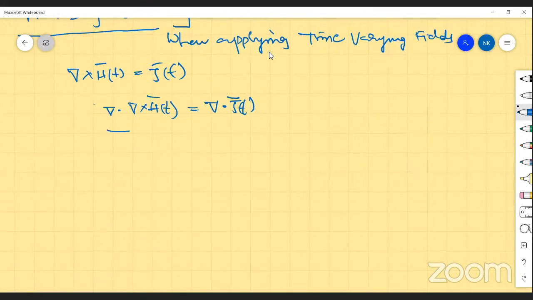But mathematically the divergence of curl is equal to 0. But this is not equal to 0. How do you know that?